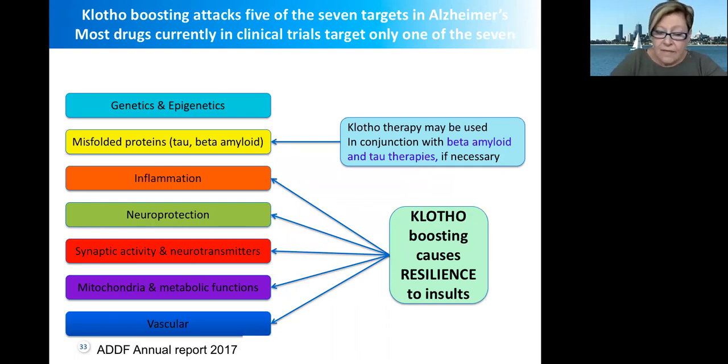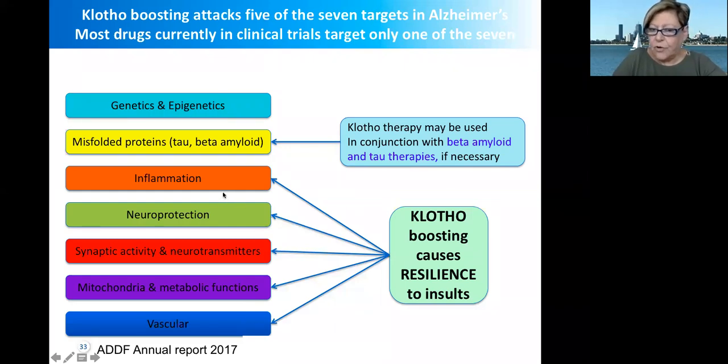And in the annual report of ADDF, there was a list of 7 targets in Alzheimer's disease drug discovery that are now in clinical trials. And it looks like Klotho boosting, which can cause resilience to insults, can work on inflammation, neuroprotection, synaptic activity, mitochondria, and vascular.